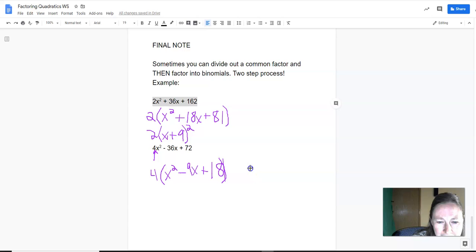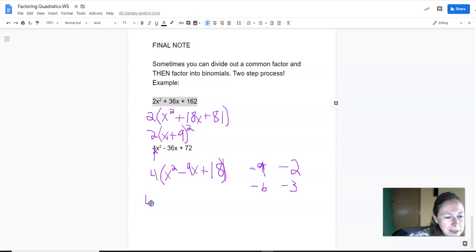So let's play around with that. 18 could be negative 9 times negative 2. I'm getting a little lag in my drawing again. But negative 9 plus negative 2 do not equal negative 9, so it's not that. It could be negative 6 and negative 3. And that one looks promising because negative 6 times negative 3 is positive 18, and negative 6 plus negative 3 is negative 9.